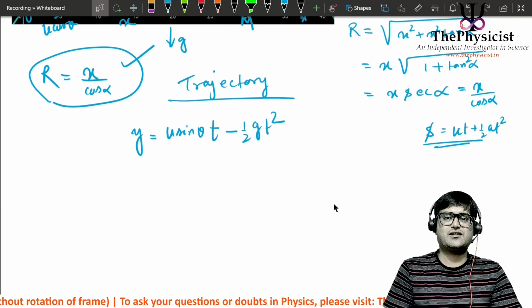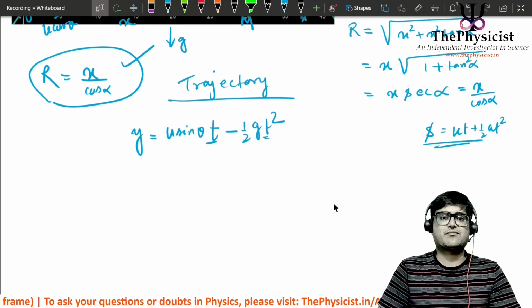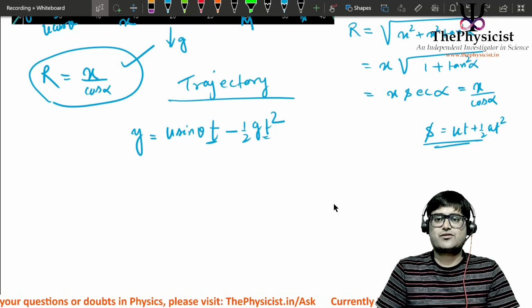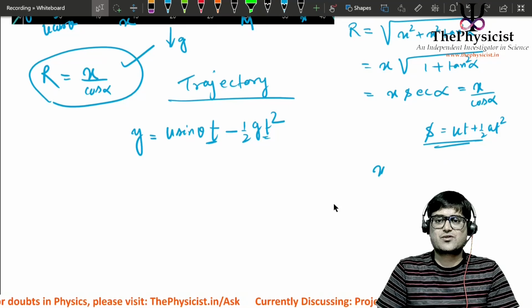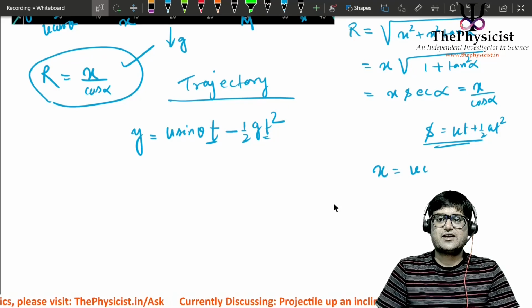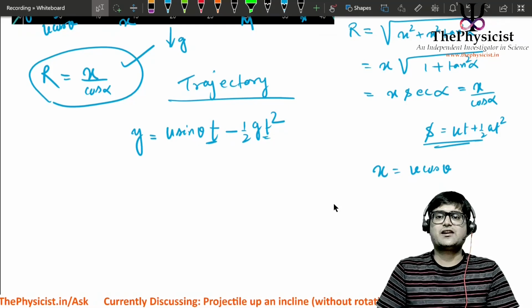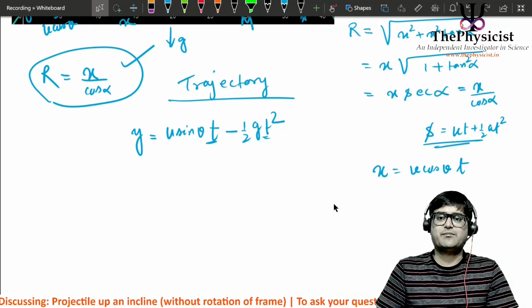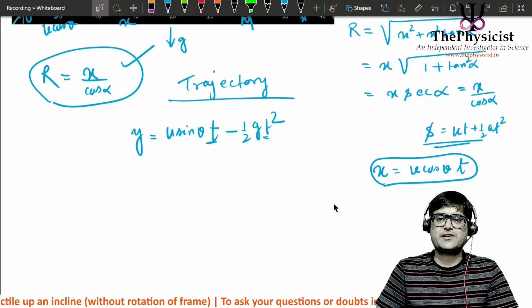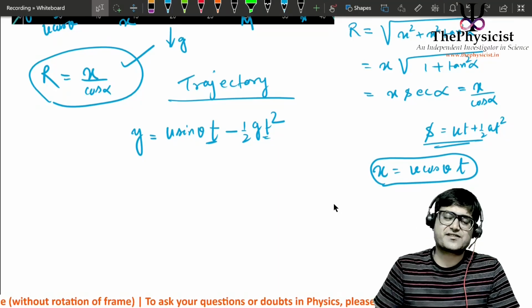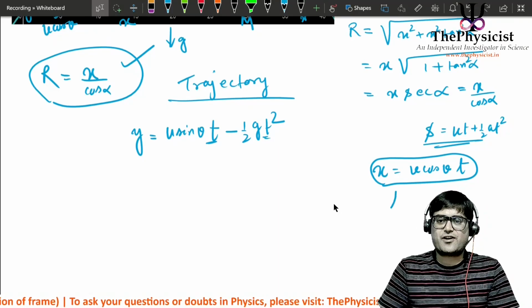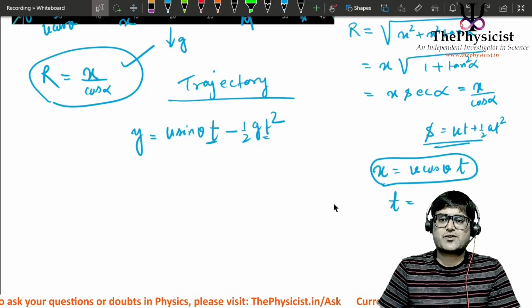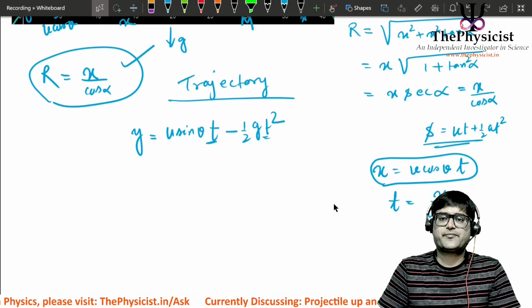But this t needs to be replaced. How? We know that at any given point, the x coordinate will be simply u cos theta, which is the horizontal velocity, multiplied by t, because the horizontal velocity remains constant in the absence of air resistance. So from here, I can simply find t is equal to x upon u cos theta, right?